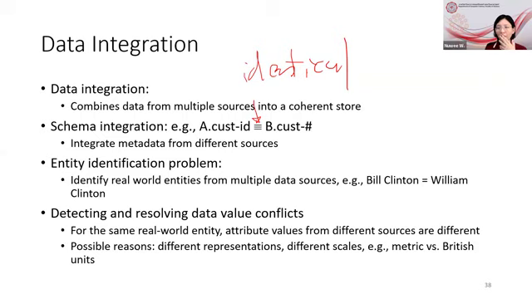Or maybe they come from different countries and may use different scales. One may use meter, another may use centimeter. Or one uses British units and one uses metric. So maybe one uses pound and another one uses kilogram, something like that, right?